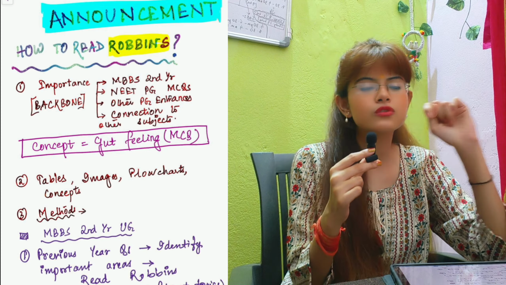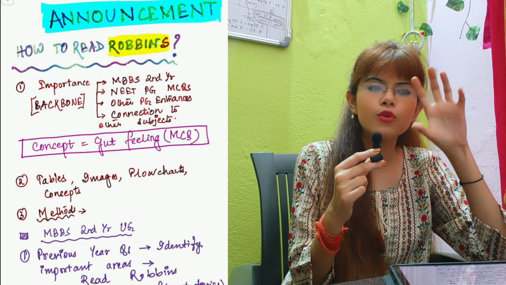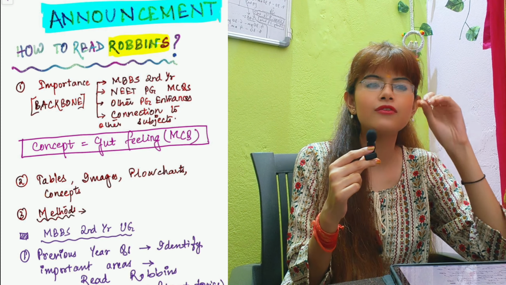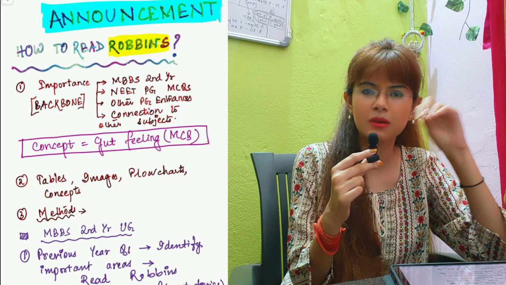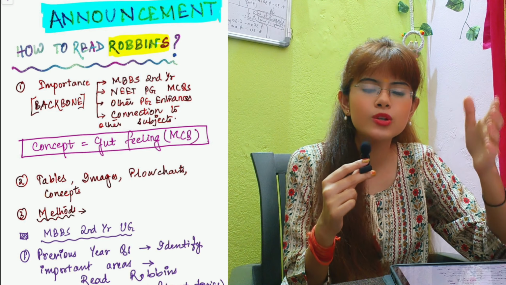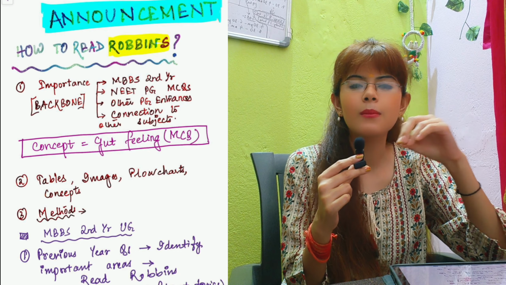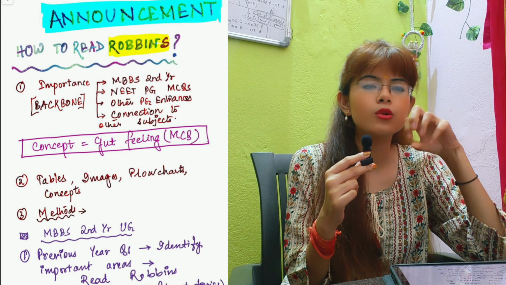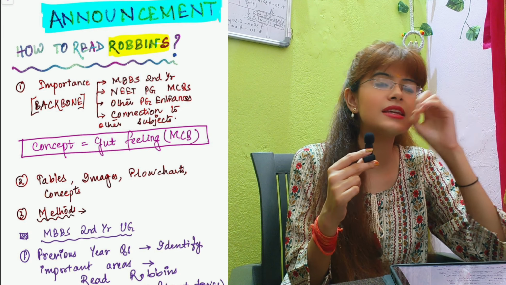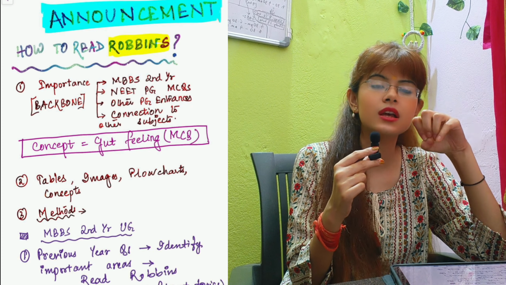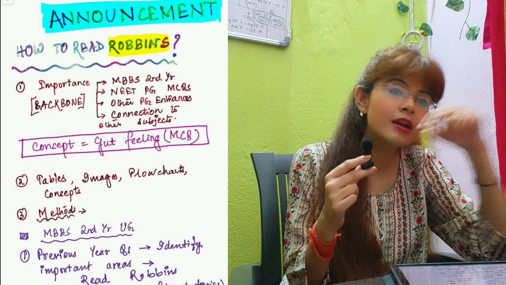But what is more useful for you is that all of you will have your question papers, right? You have your last 10 years or 15 years of question papers from your undergraduates. What you can do is take up one chapter at a time and see what questions have come in the exam. Once you see these important questions, you have an idea of which are the important areas that you need to focus on. You don't have to read the entire 100% of Robbins.